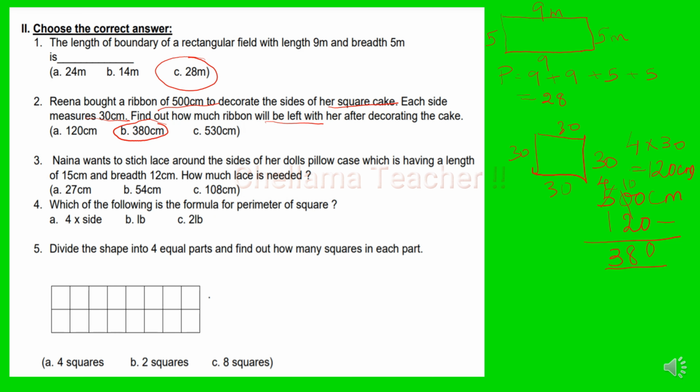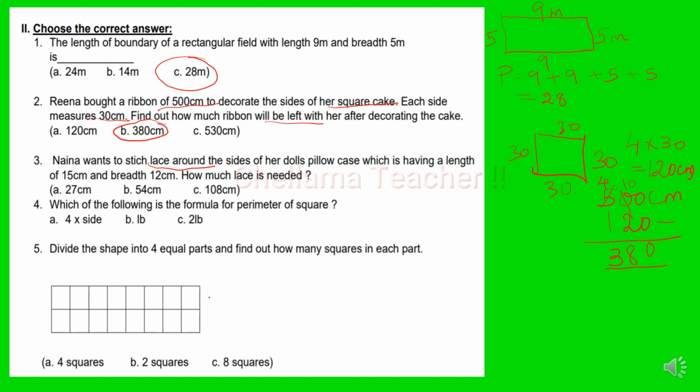Question 3. Naina wants to stitch lace around the sides of her doll's pillowcase, which has a length of 15 centimeter and breadth 12 centimeter. How much lace is needed? Lace around means perimeter of the doll's pillowcase.